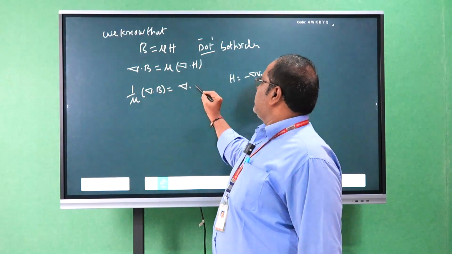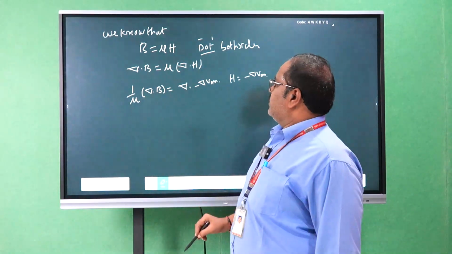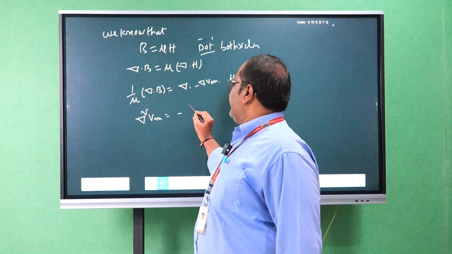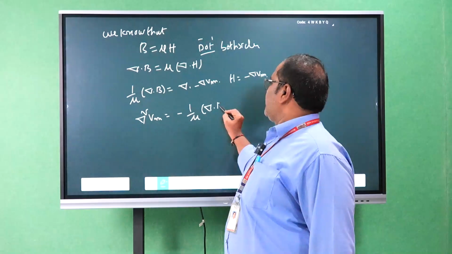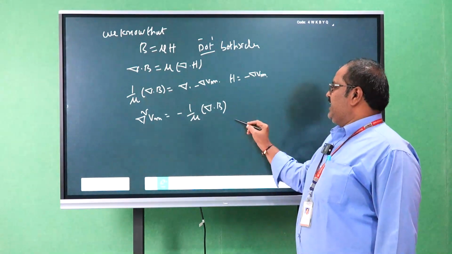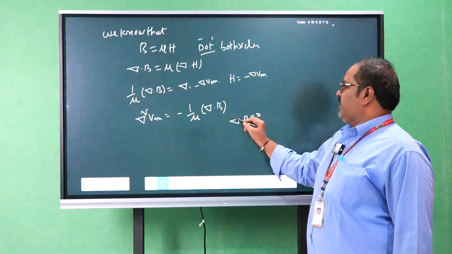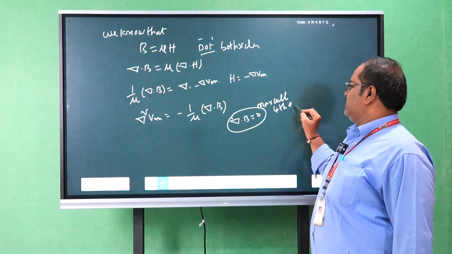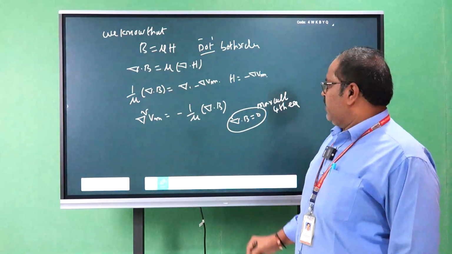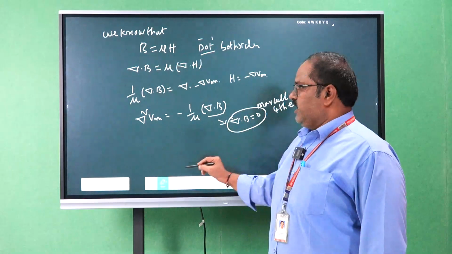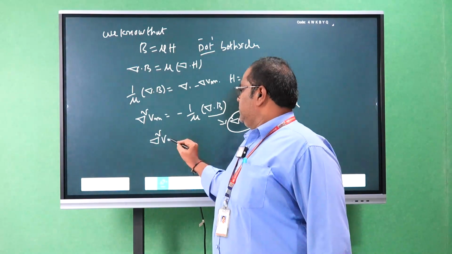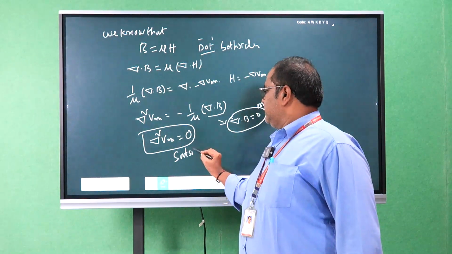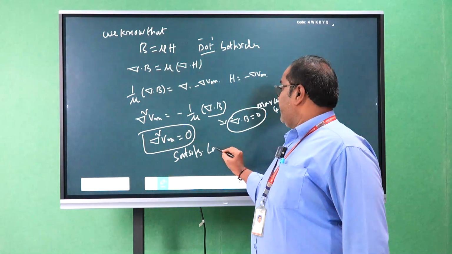Substituting this, del square Vm is equal to minus 1 by mu del dot B. But we know that del dot B is equal to 0 according to Maxwell's fourth equation. Therefore, del square Vm is equal to 0. It satisfies the Laplace equation.